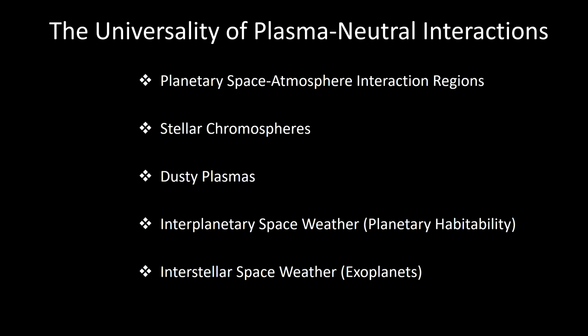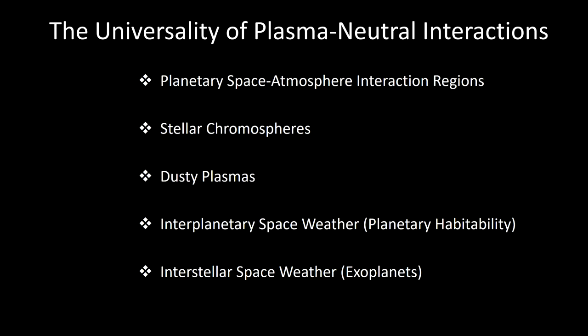The universality of plasma neutral interactions is something that makes the topic addressable to many disciplines. For us, it's more in this planetary space-atmosphere interaction region. Interestingly enough, plasma neutral interactions at stellar chromospheres are also highly relevant to our own physics. Dusty plasmas, the introduction of neutrals and of dusty neutrals as well as plasmas.